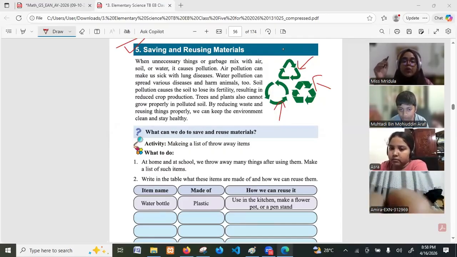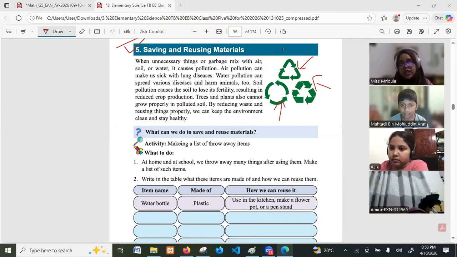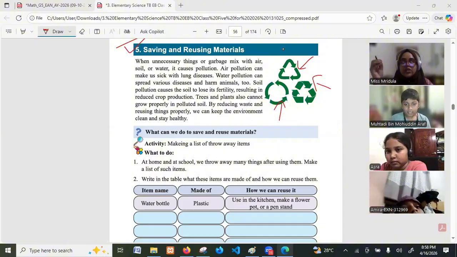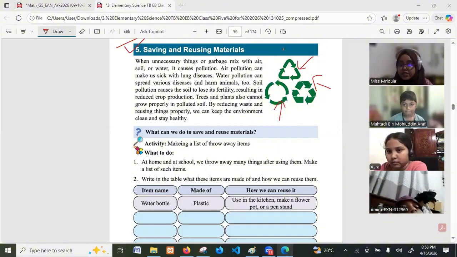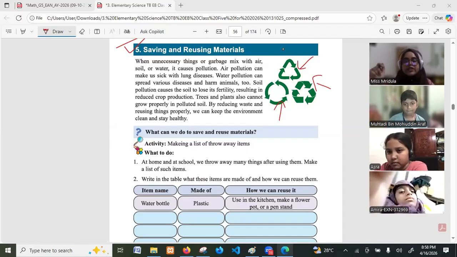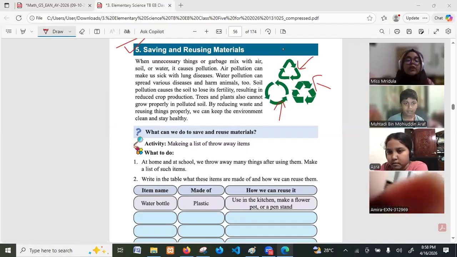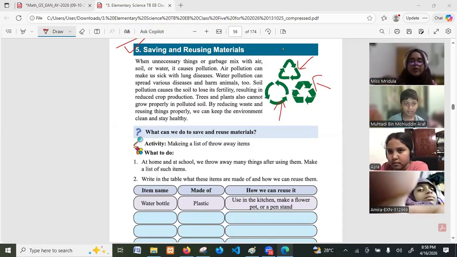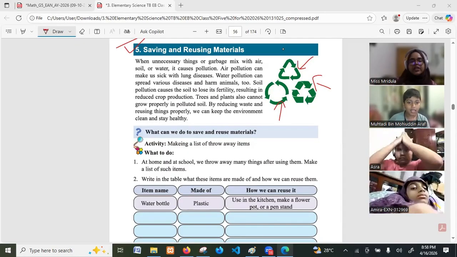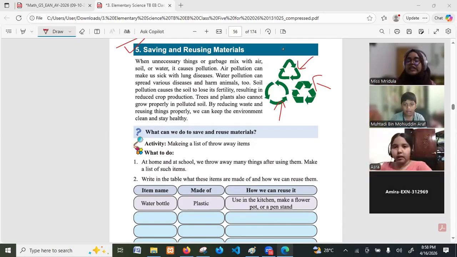And if we are talking about water pollution, then it can spread waterborne diseases. It can also harm the aquatic animals, the fish and other things living in that water. So by reducing the waste and reusing things properly, we can keep the environment clean and stay healthy.